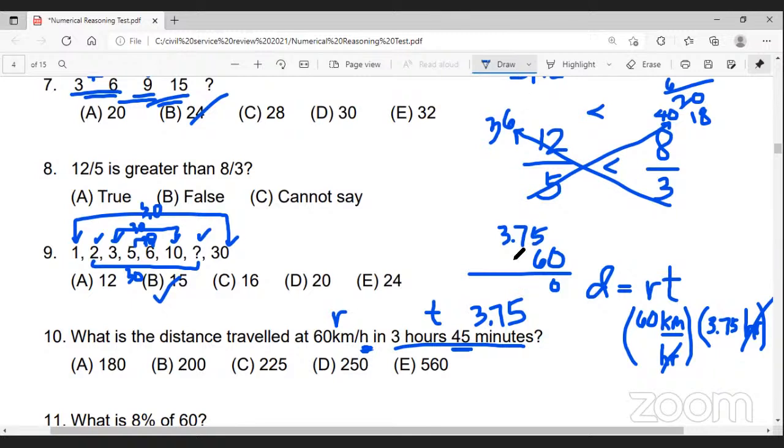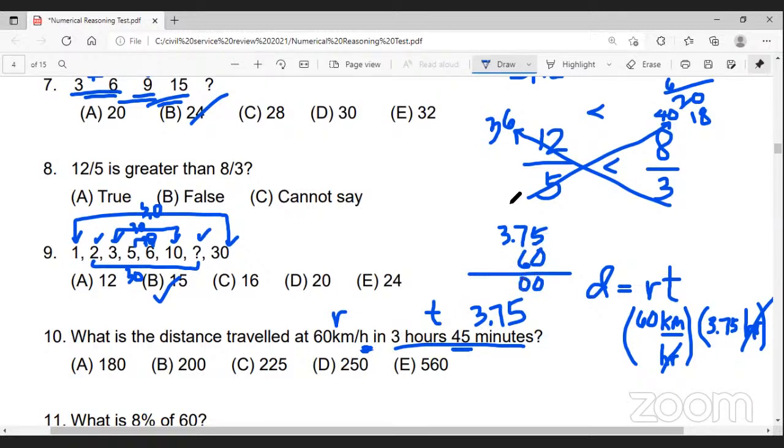Others could align it, but it's also fine if you don't align. Basta you bring down the 0 and proceed to 6 times 5.